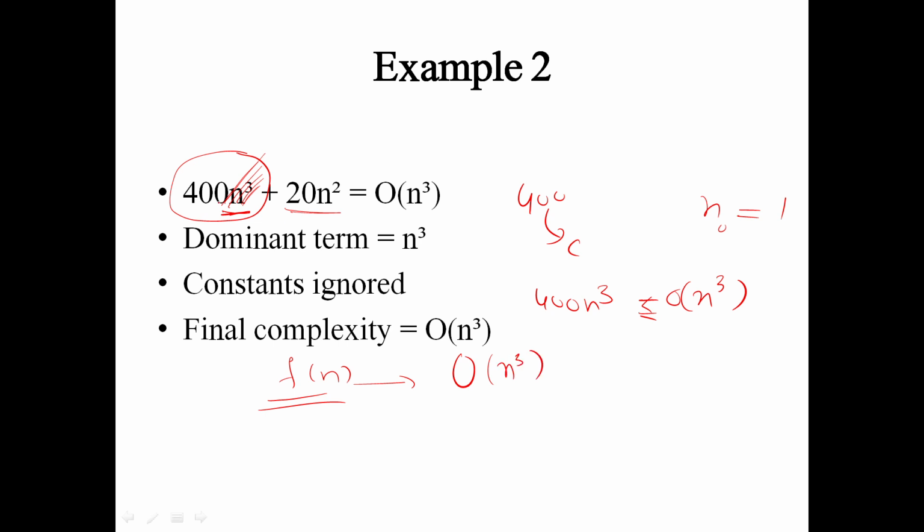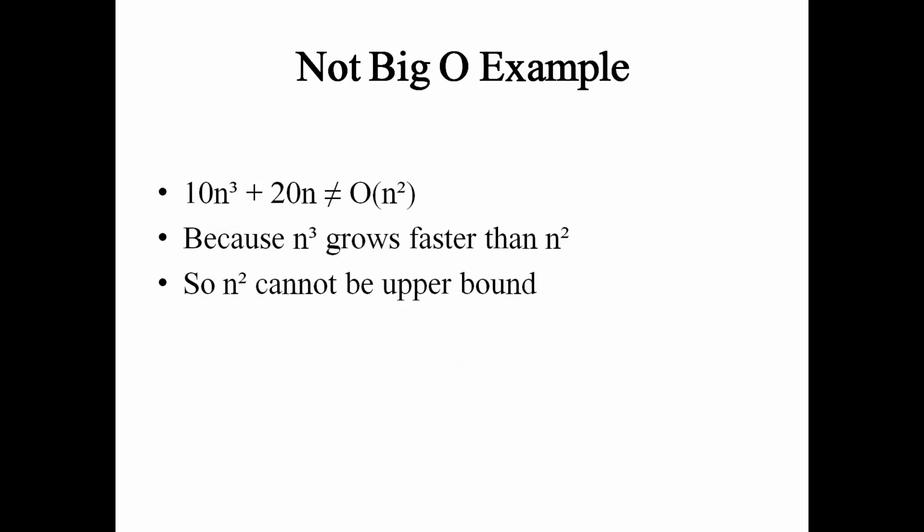Suppose in your expression you have the highest term as n cube, you can write the big O notation as order of n cube. If your expression has n square term, then you can write it as order of n square. Like that, you can blindly choose the highest power term by ignoring this multiplier value. Okay.